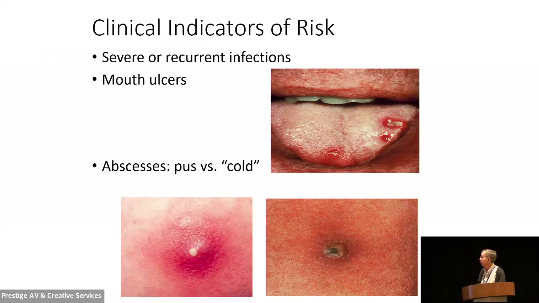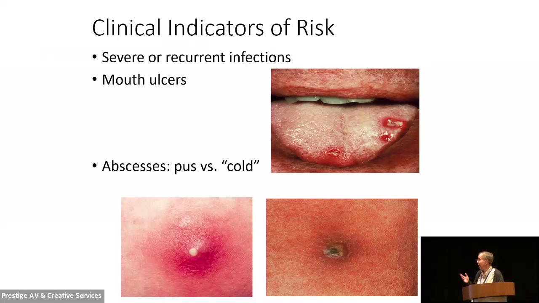Indicators of risk. Obviously, someone who's getting infections is at risk for more infections. Mouth ulcers are an indication of risk in two ways. One is a break in the mucous membrane, and the other is that mouth ulcers, as many of you know, are an indication that the neutrophil count is low and ineffective.